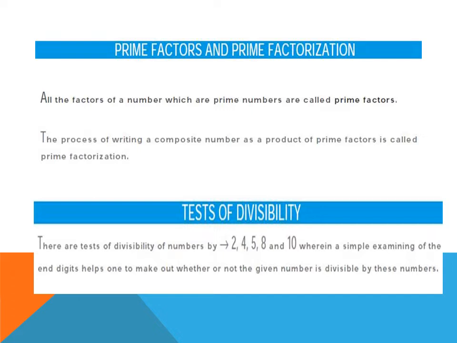If the last digit is 0, then it will be divisible by 10. And if the last digit is either 0 or 5, then the number will be divisible by 5 and so on. So these are the tests of divisibility. The test of divisibility helps us to tell whether a number will be divisible by a certain number or not.